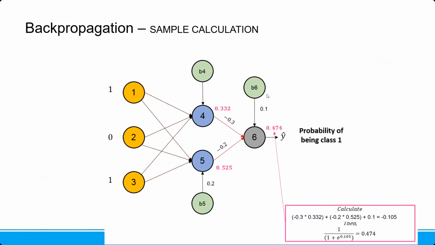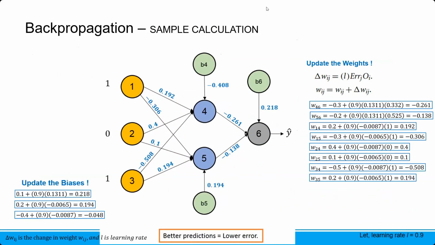After I know the errors, I update the weight: 0.2 plus the learning rate, 0.9, multiplied by minus 0.0087, which is the error, multiplied by 1. And we will get the value 0.192.